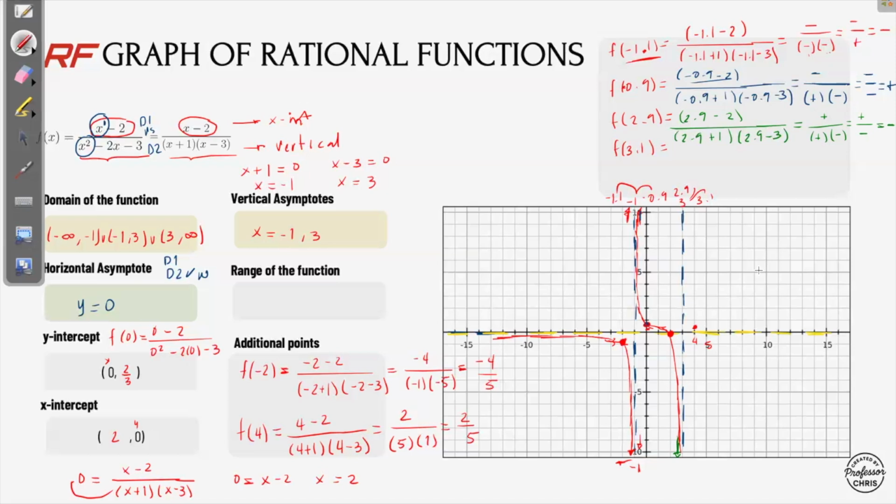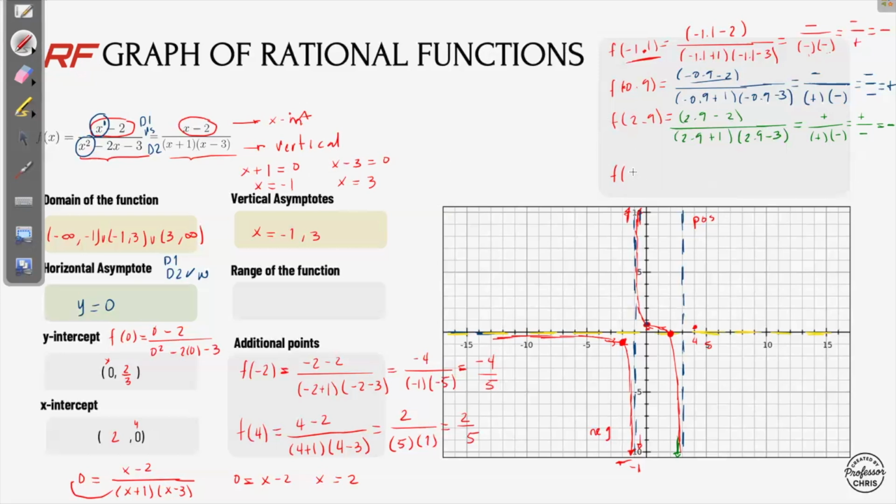And finally, we're going to be evaluating with 3.1, and I can already see that this point is over the asymptote. It would be very weird that this goes in the negative direction. So if we perform the evaluation, I would be expecting to get a positive number. And since this point was under the asymptote, I was expecting a negative direction. I will be expecting a positive direction over here.